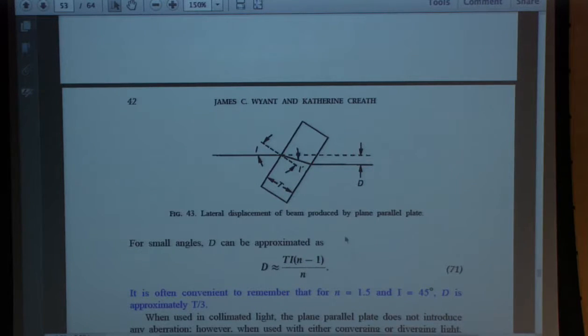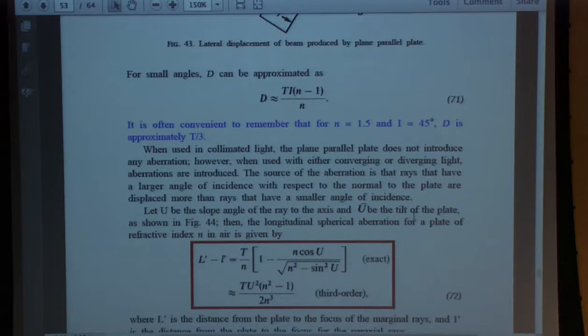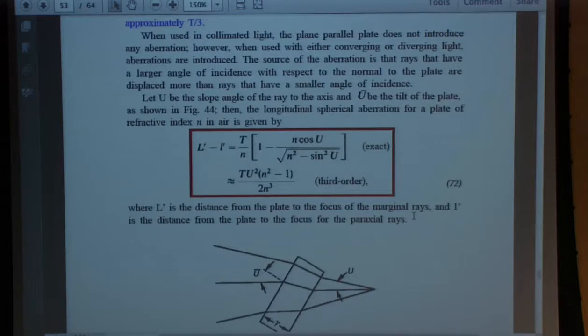Well, if you have collimated light here, you don't get any aberrations. If the light's not collimated, you do get aberrations. And I hate putting non-collimated light through plane parallel plates. I just absolutely hate it because you always get aberrations.